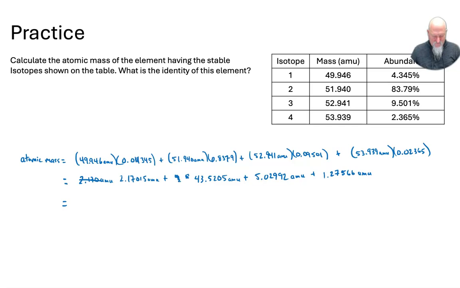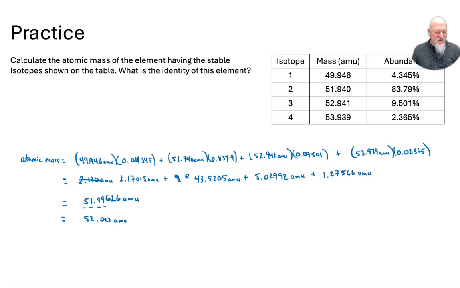I have 51.99626 AMU. We should have four significant figures, so the 6 rounds up. So 52.00 AMU would be my atomic mass of this element.